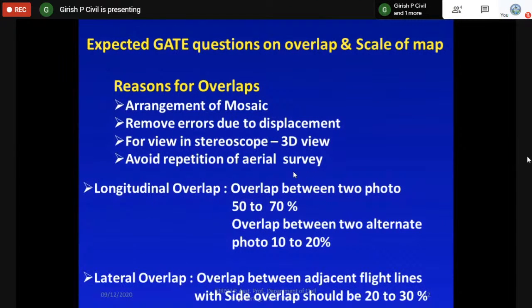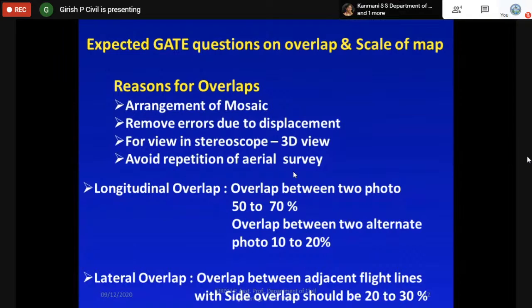Coming to the overlap, there are two types: one is longitudinal overlap, and another is lateral overlap. When I say longitudinal and lateral overlap, it is how much area will be overlapped before taking one photo to the next, when we take aerial photographs through the aerial survey.